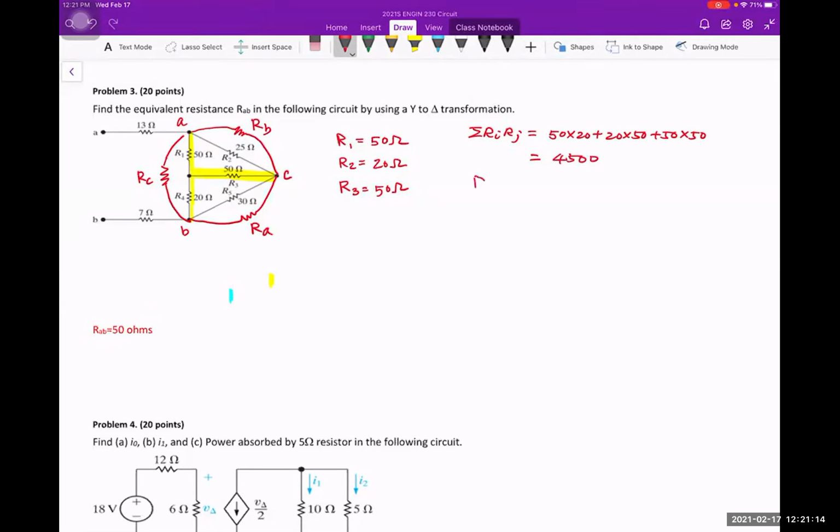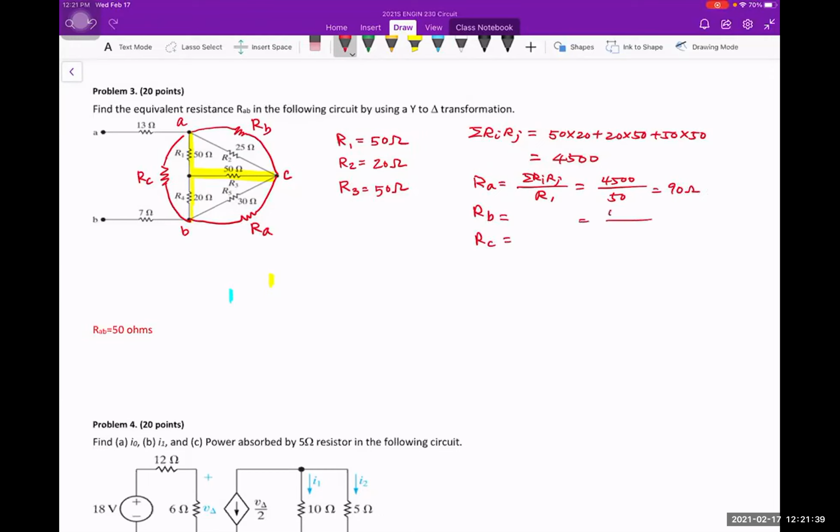And RA will be the summation divided by R1. So 4,500 divided by 50, which gives you 90 ohm. Similarly, you can get RB and RC.